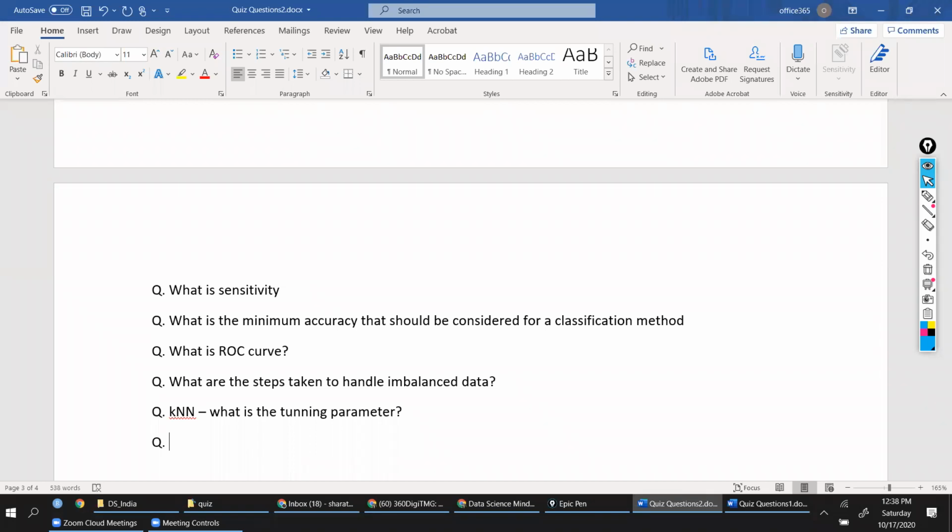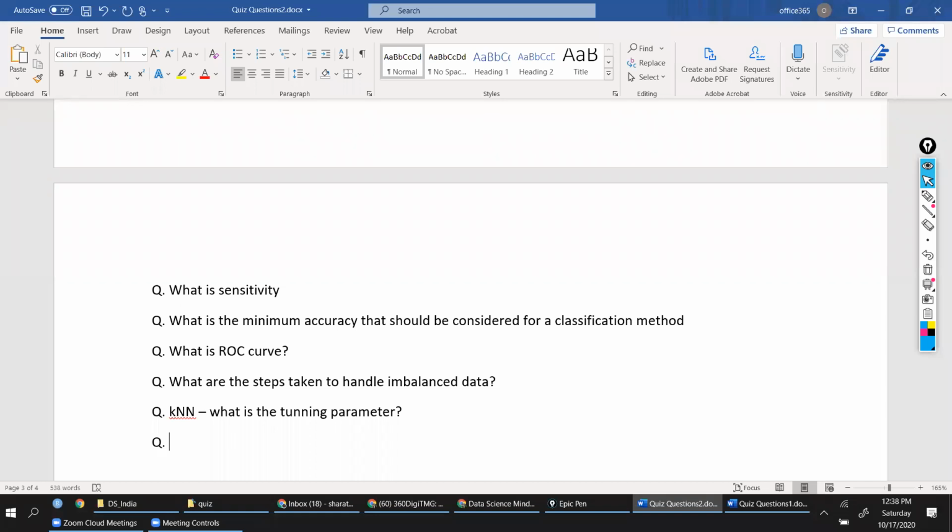Choose odd number of K. Okay, that is a workaround. Very good. Arbitrarily, it chooses one value. There is no logic there. The KNN algorithm is a shallow algorithm technique which is based on distance. If distance is same, arbitrarily it picks one of the categories.